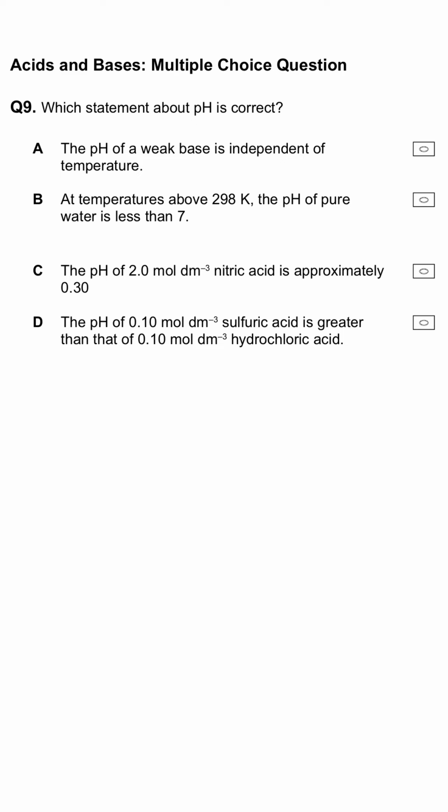Which statement about pH is correct? The pH of a weak base is independent of temperature. Well, all bases accept protons, and weak bases will only partially accept protons, which means that this reaction will be an equilibrium. When the proton is accepted, this is the formation of a new attraction, so that will be exothermic.